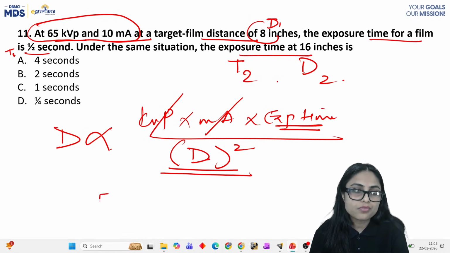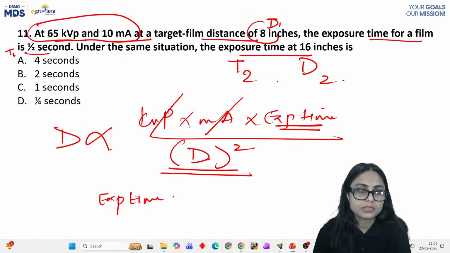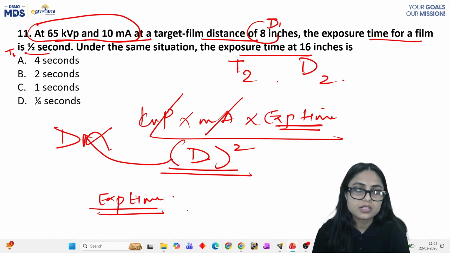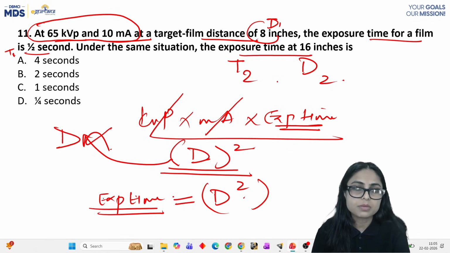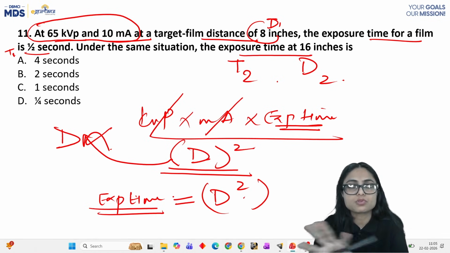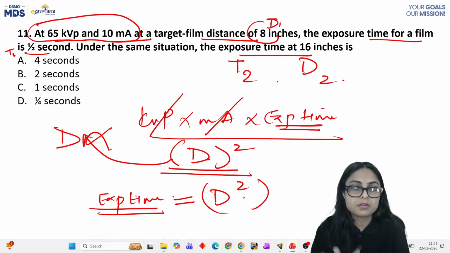So we can draw, let's say, a relationship like this. The exposure time, if we take the square of distance over here, this will be the relationship between exposure time and the target film distance.